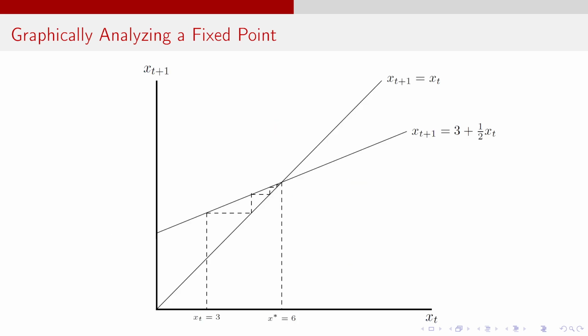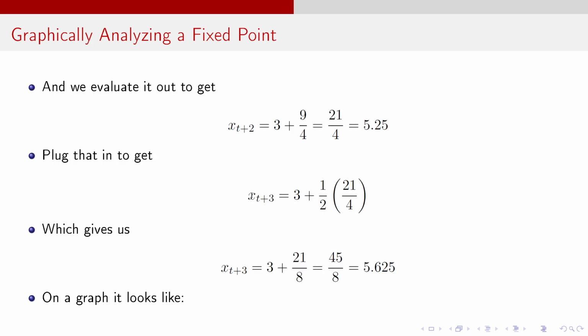Now on a graph, if x_t equals 3, this is your starting point. You go all the way up to this dynamical system, this function, and then you shoot over to that 45-degree line, and then up. And here is that, what was it? I think 5.5?